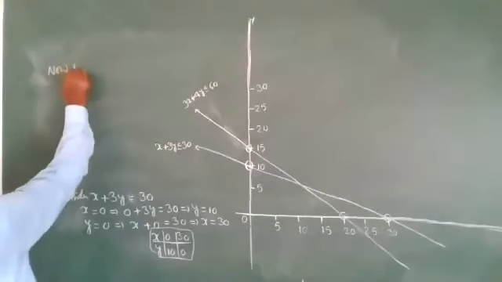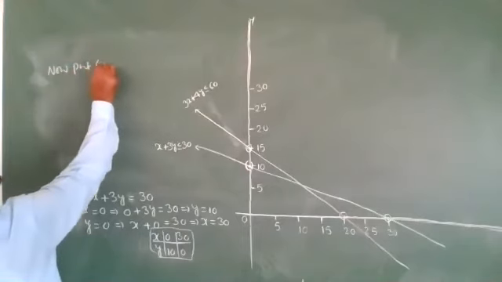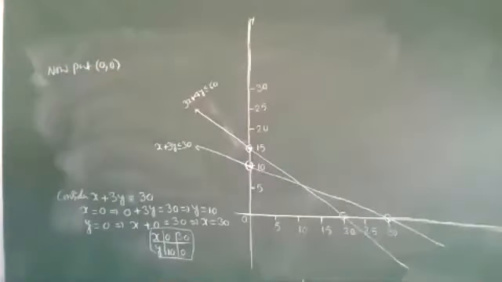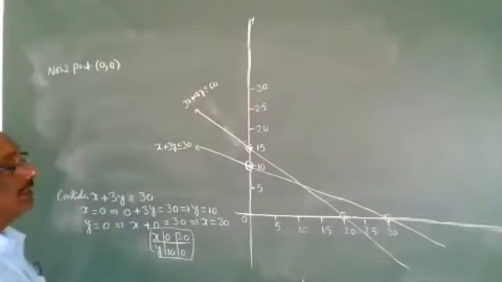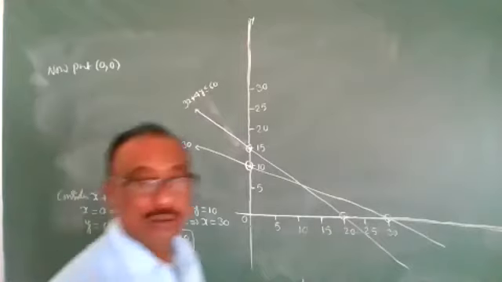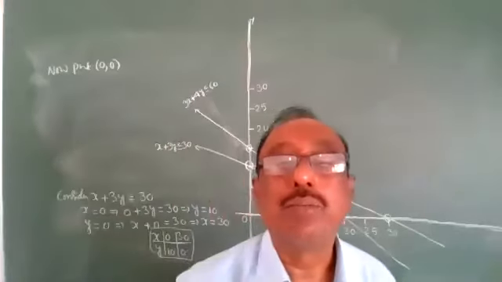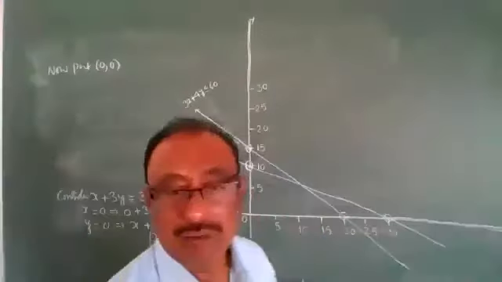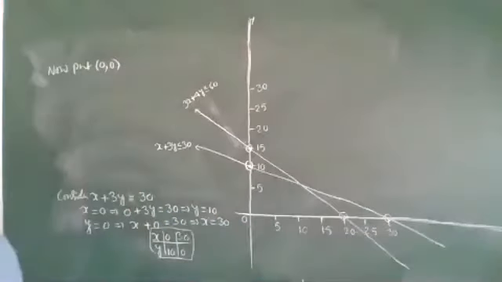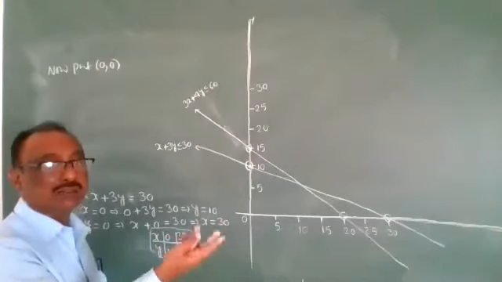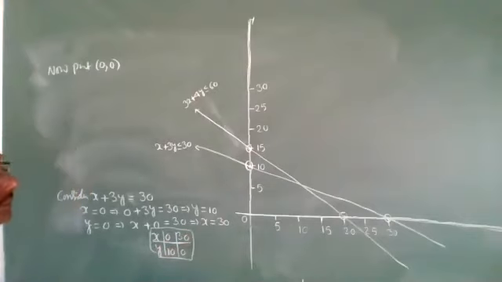Now put 0, 0 in the given inequalities. Because the lines are not passing through the origin, that's why we can take 0, 0.